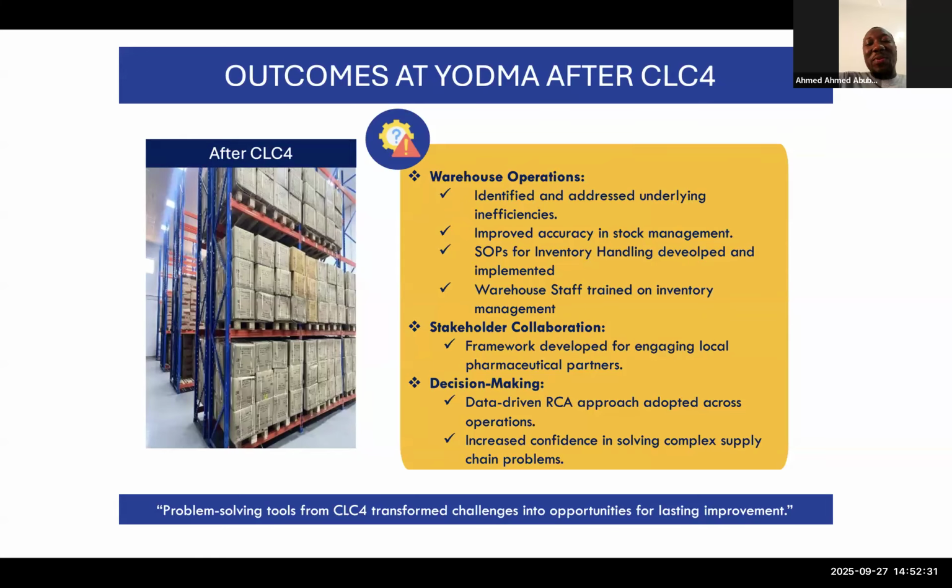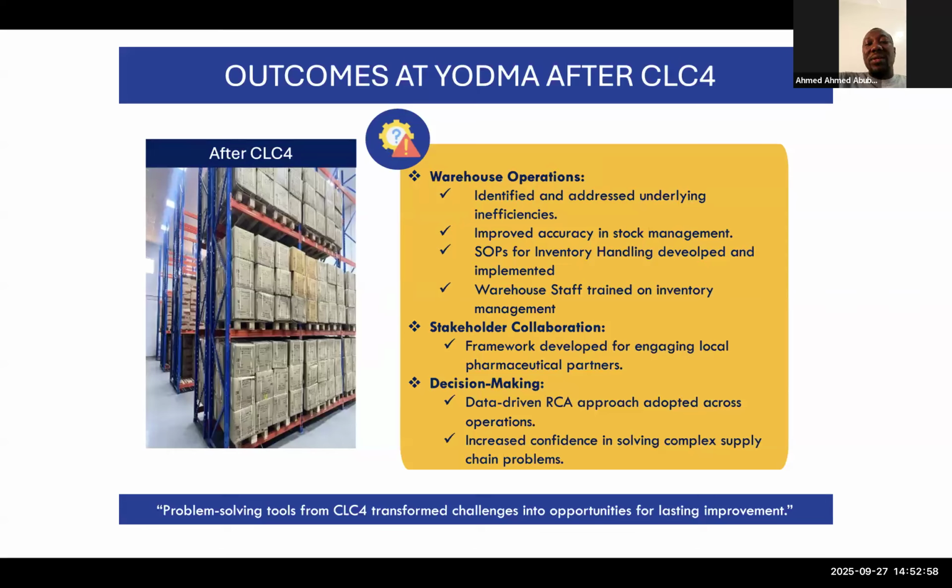We can see from the picture a neat warehouse. So in warehouse operation, we have now identified and addressed the underlying inefficiency. And this has improved the accuracy in stock management. Before, we used to have a lot of damages and expiry because of poor accessibility of the warehouse.